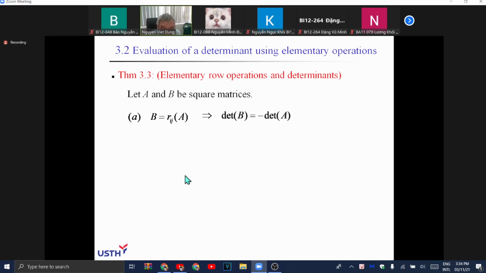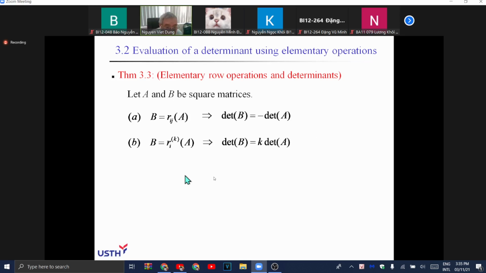In Vietnamese textbooks, it says: trong một ma trận vuông, nếu chúng ta đổi chỗ hai hàng thì định thức đổi dấu. That is what it says.